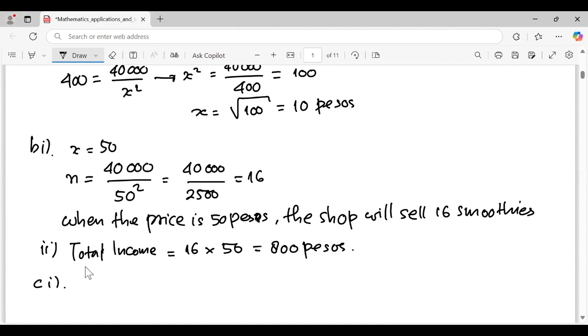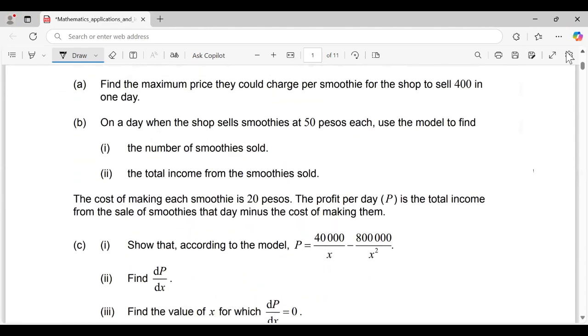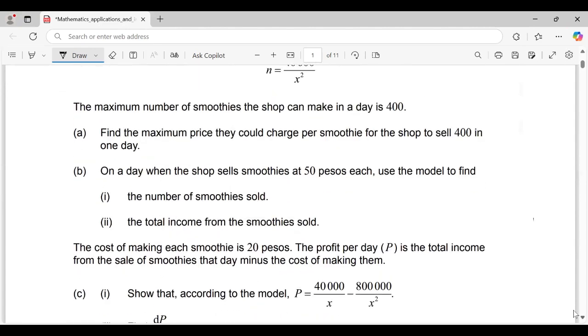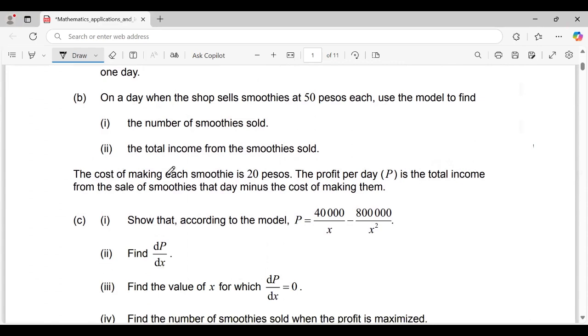C. The cost of making each smoothie is 20 pesos. The profit per day is the total income from the sale of smoothies that day minus the cost of making them.